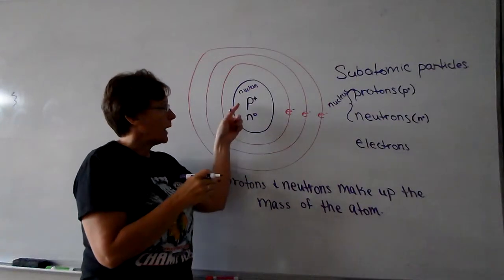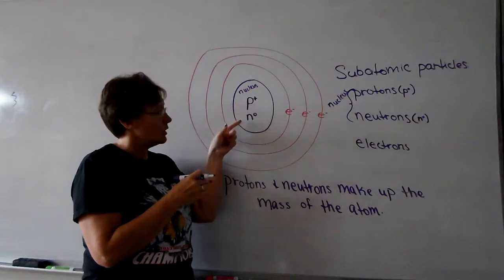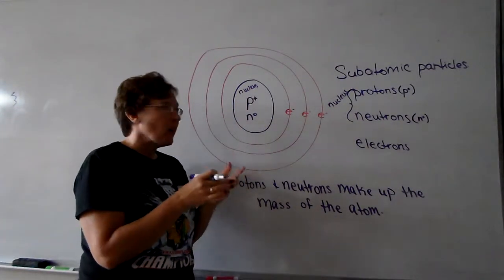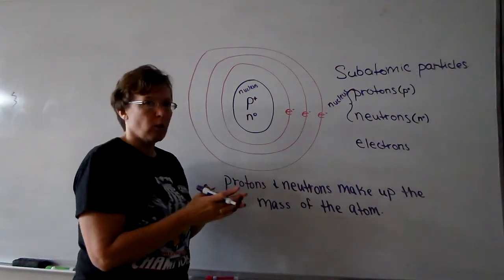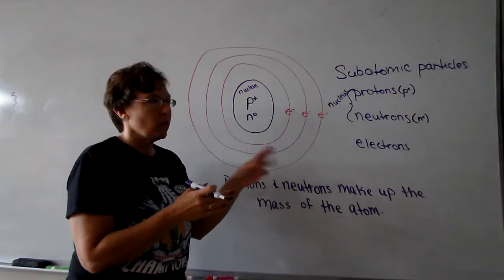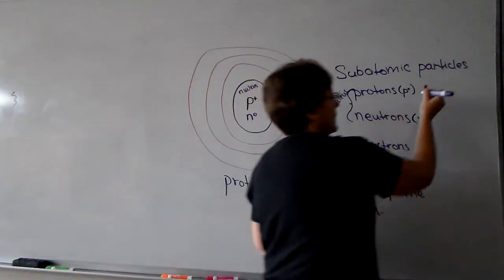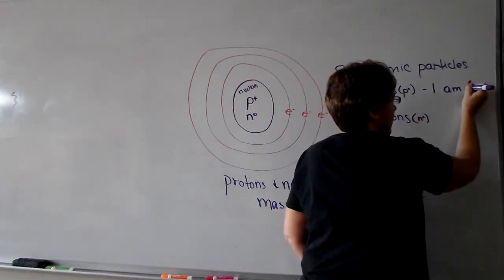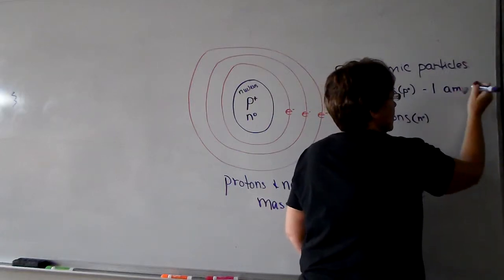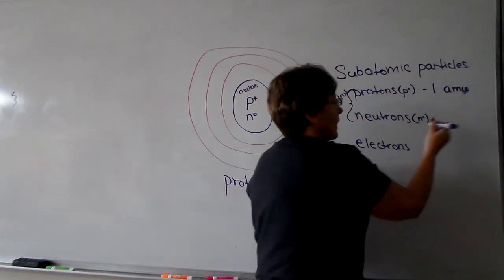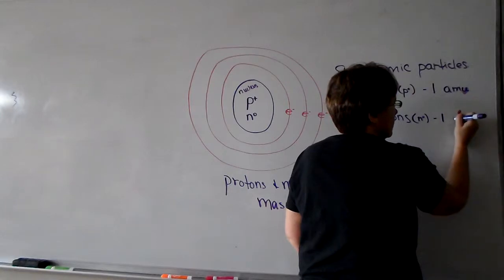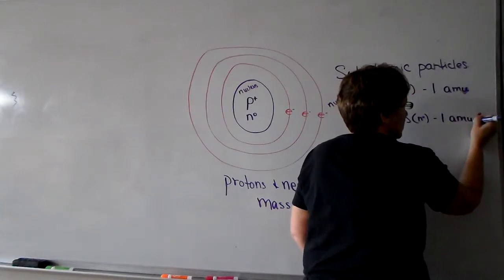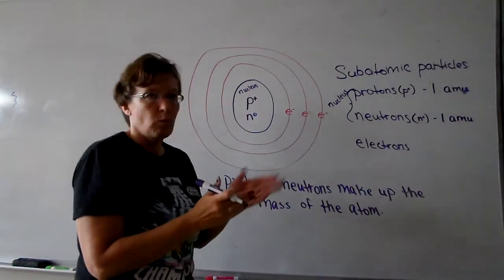In fact, when we compare the mass of a proton to the mass of a neutron, they're essentially equal. Okay? And what we say is that the mass of a proton is equal to 1 atomic mass unit, or 1 AMU. And we also say that the mass of a neutron is equal to 1 atomic mass unit, 1 AMU.